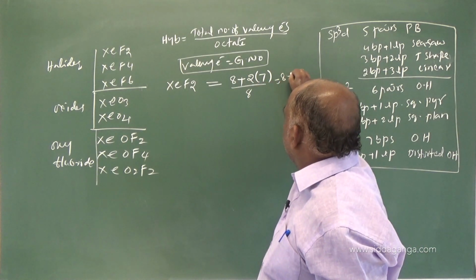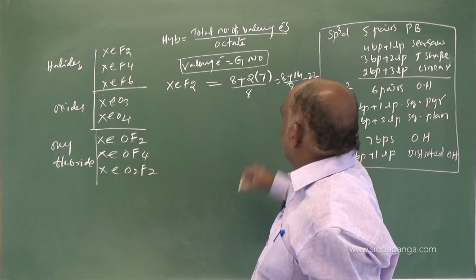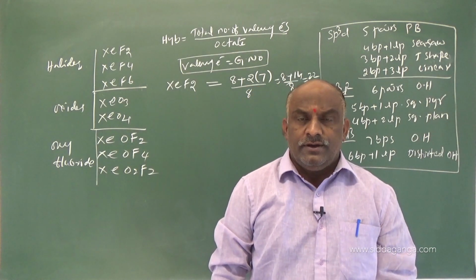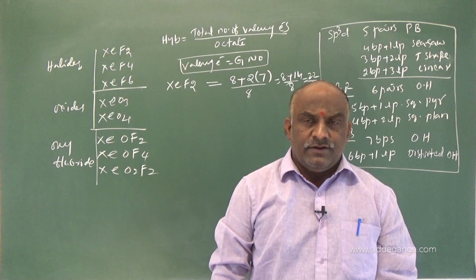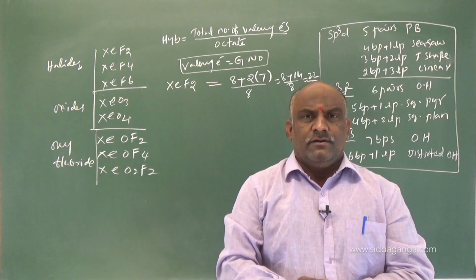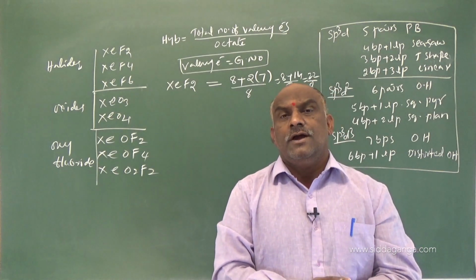What will we get? 8 plus 14 by 8, that is 22 by 8. Clear? This is a very important and easy updated formula to find the hybridizations.